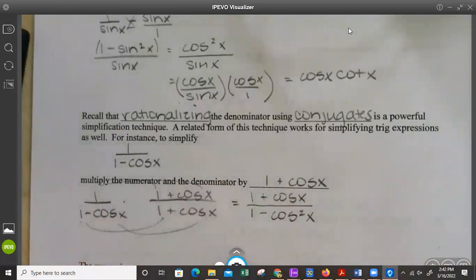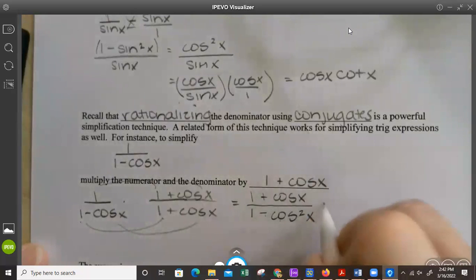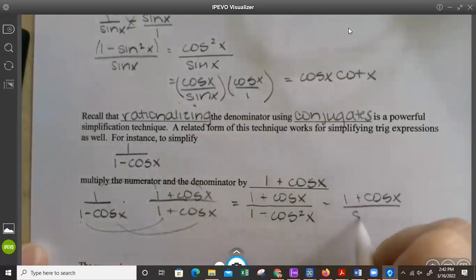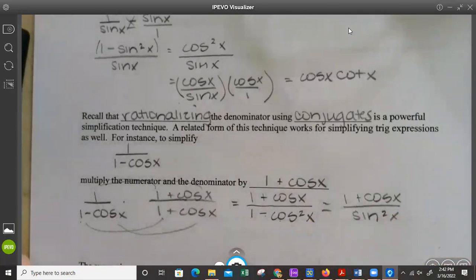You can keep simplifying this. There's a trig identity on the bottom. What is 1 minus cosine squared x? So we have 1 plus cosine x over sine squared x.